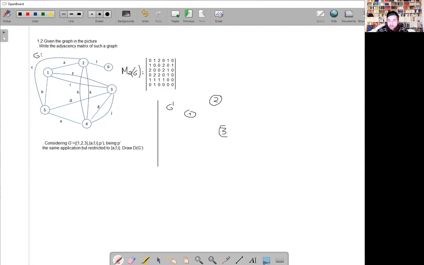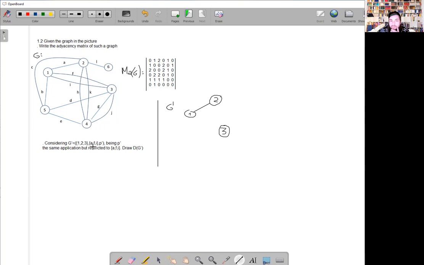And then we have 3 links, but being the application the same as before, these three links will join the same nodes. Right, so we have A, that is between 1 and 2.